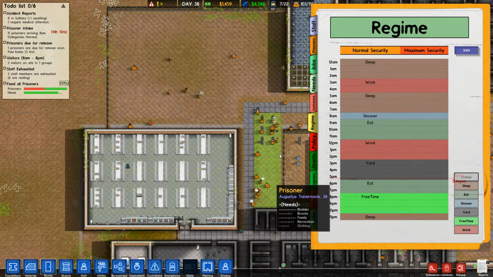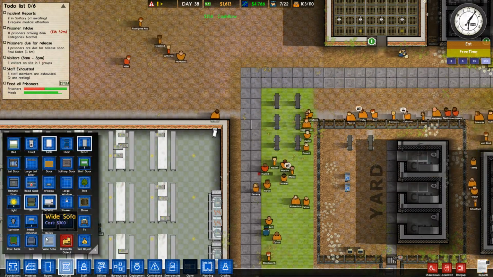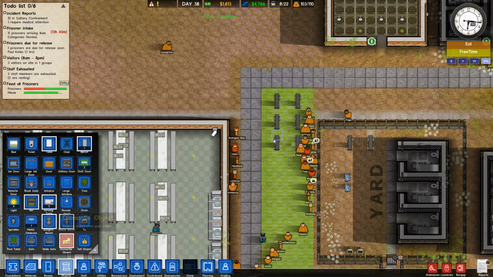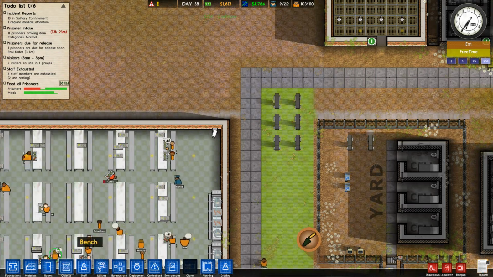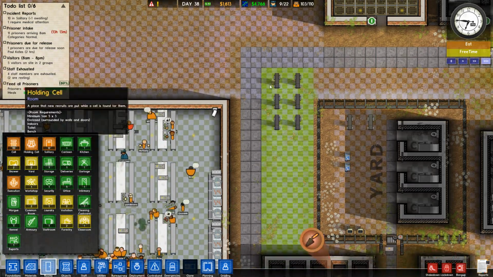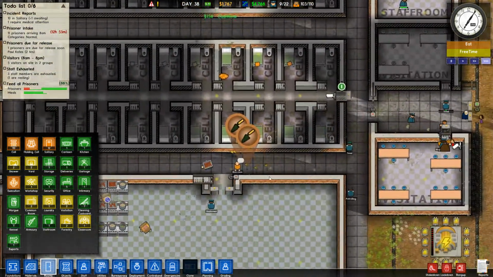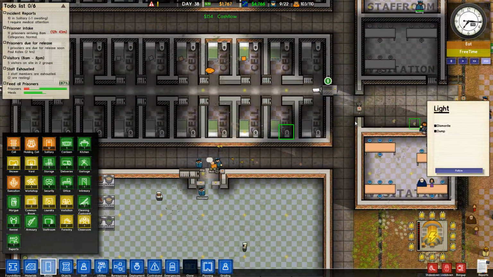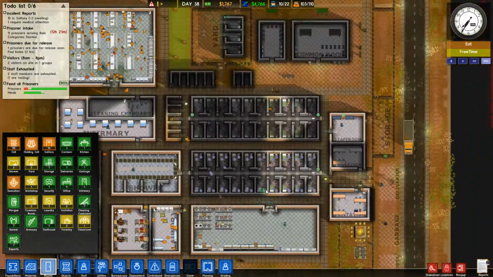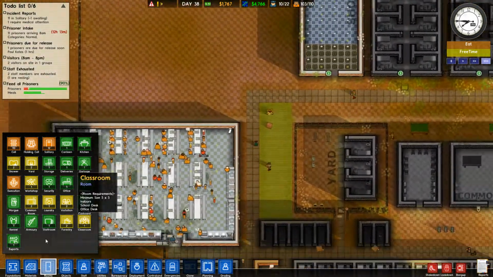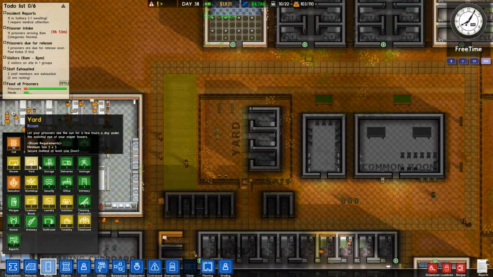So yard time's over right about now. And by then I can dismantle these objects, so I can put them somewhere else. This is no longer part of the yard. We got a couple of tunnels here again. Search the cell block. So that's no longer part of the yard.